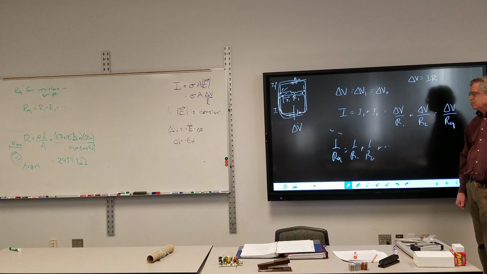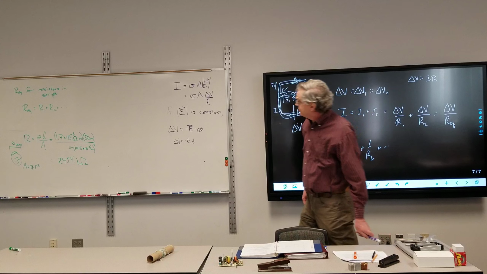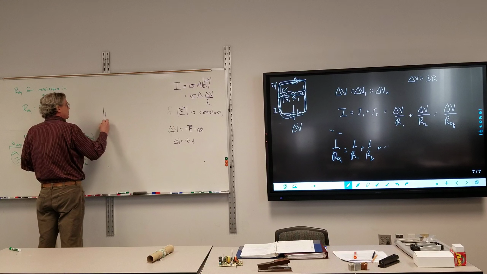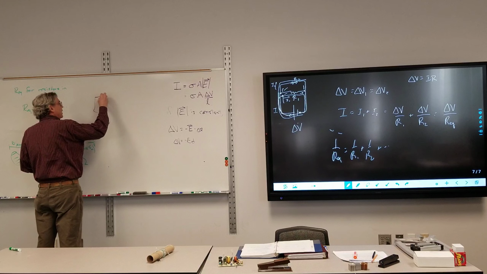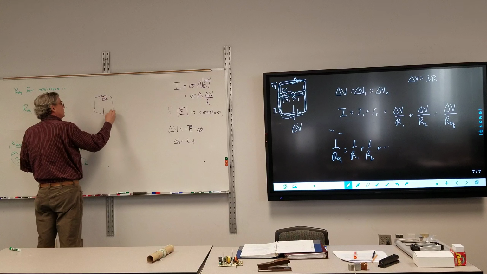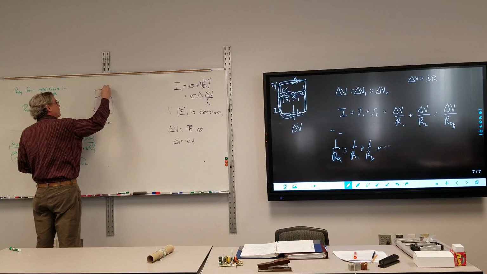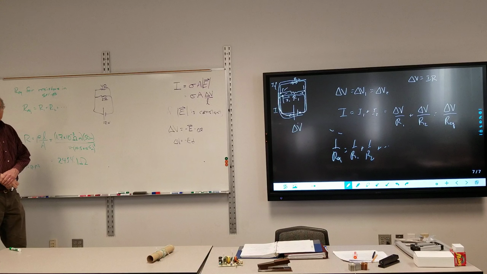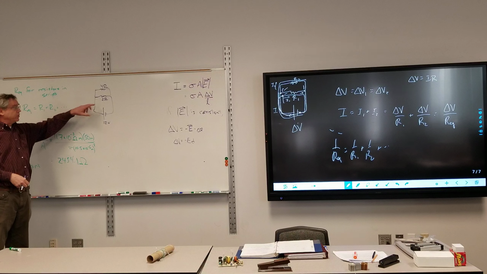All right, so let's do a simple plug and chug. I got a 12-volt battery here, a 2 ohm resistor here, and a 4 ohm resistor there. Let's first start out, what is the current flowing across the 2 ohm resistor?